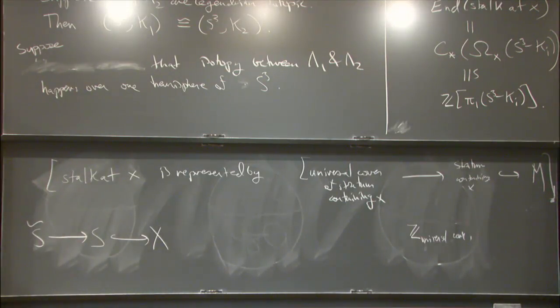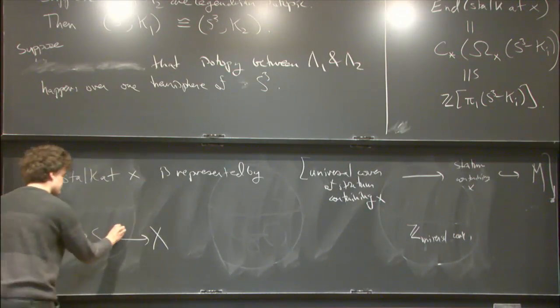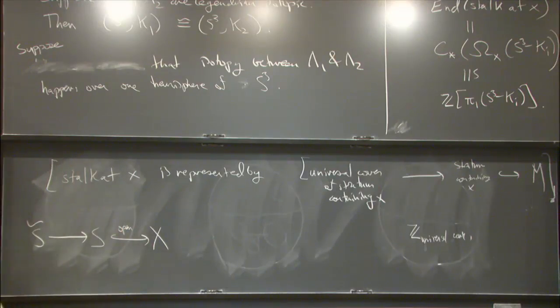We have a stratum in X, which is an open set, and we have a covering map, universal cover, and by assumption, this is contractible. And we have the constant sheaf on this universal cover.